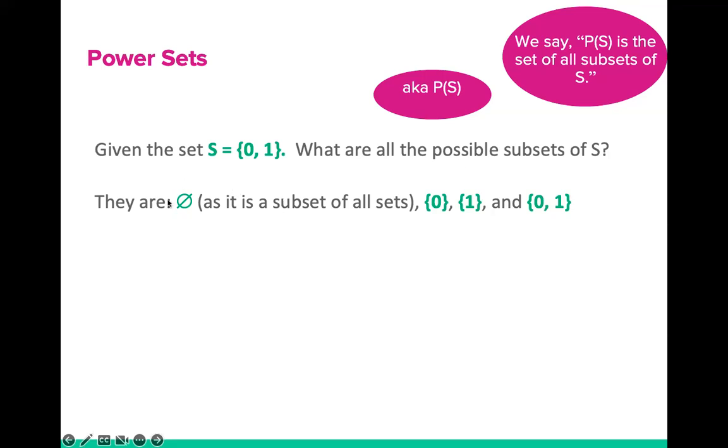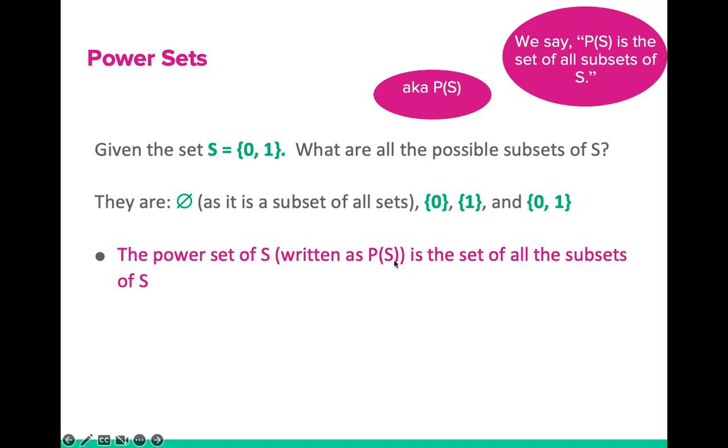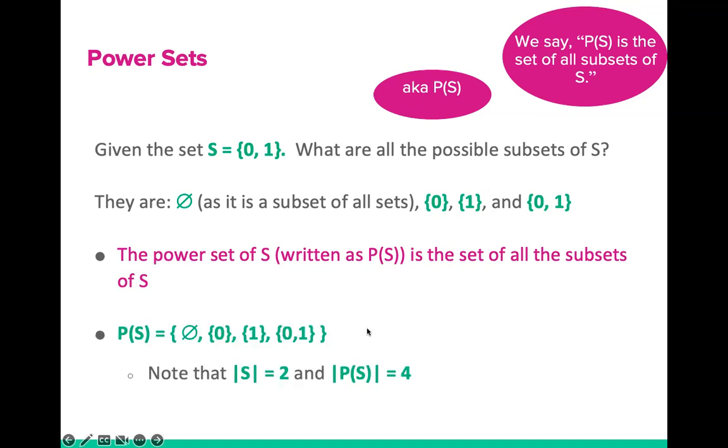So we have the empty set, a set containing either 0 or 1, and a set containing all of the elements of S. Again, the power set of S, or P of S, is the set of all subsets of S. And since a power set is a set, of course, we enclose all this inside the curly braces.